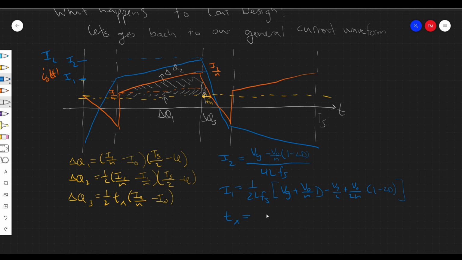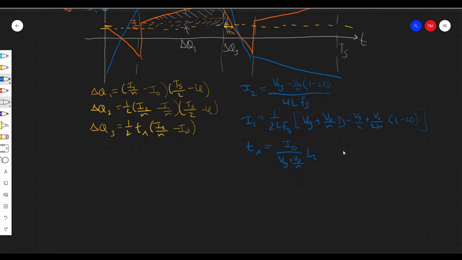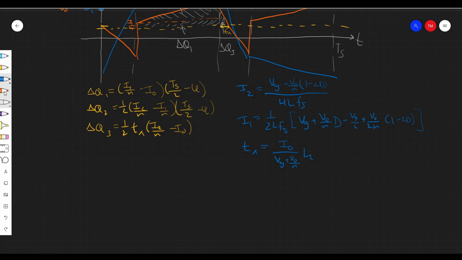And we have Tx is equal to Iout over Vg plus Vout over N times L leakage. Okay, so these are kind of like intermediate things that we can use to solve for the delta Qs.